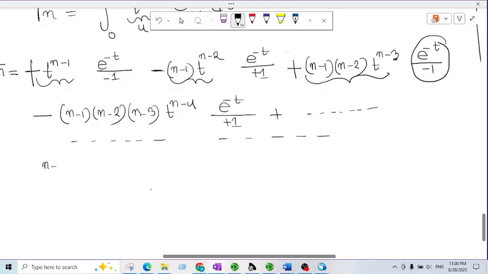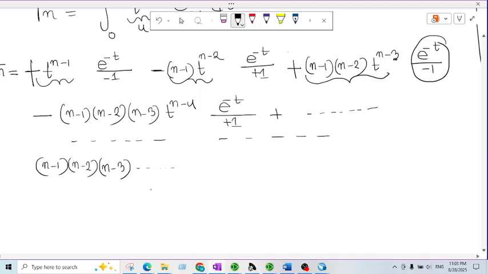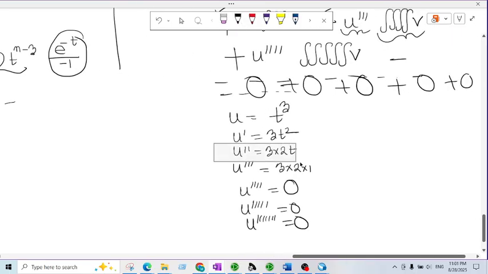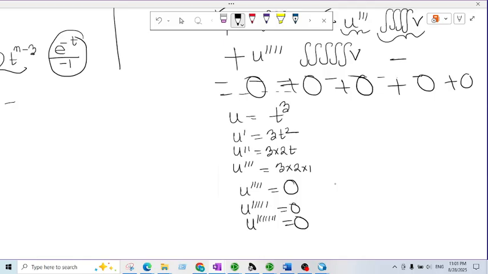So first write n minus 1, n minus 2, n minus 3. After some time you will get 3, then 2, then 1, and you will get here t to the power 0. That means you have 3 into 2 into 1 into t to the power 0, right?